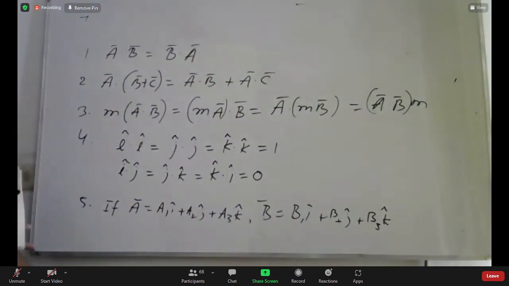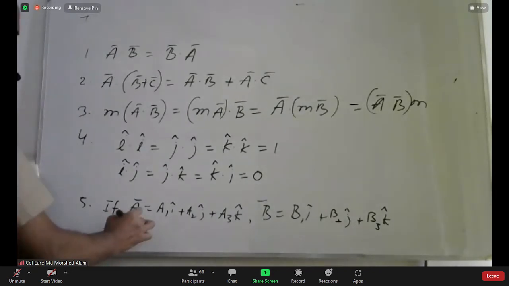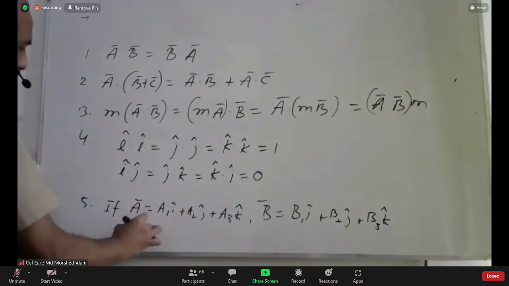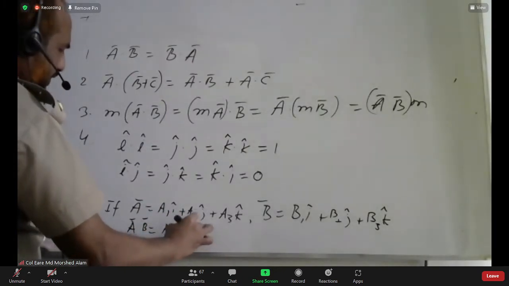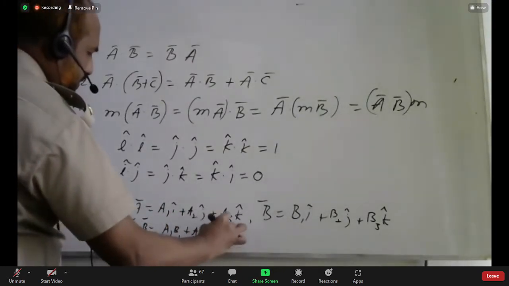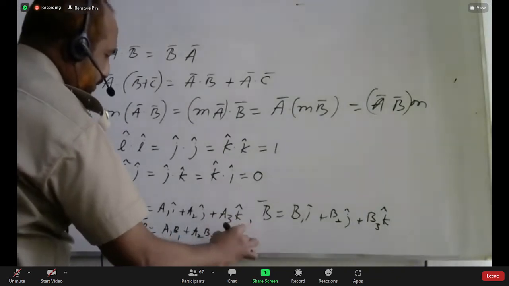Do you know? Then A dot B will be A1 B1 plus A2 B2 plus A3 B3.